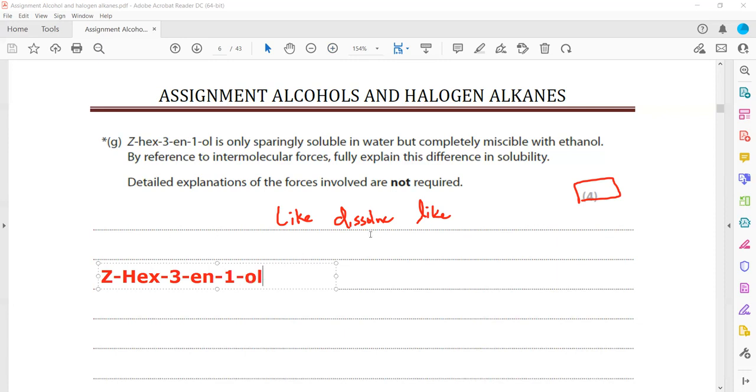When we identify the forces within the molecule, because of the OH group, whenever hydrogen is attached to the most electronegative elements such as oxygen, nitrogen or fluorine, it will have hydrogen bonding due to the presence of OH. Then, because two different atoms, carbon and oxygen, are there, the bonds are polar, and when bonds are polar, it will have dipole-dipole forces.